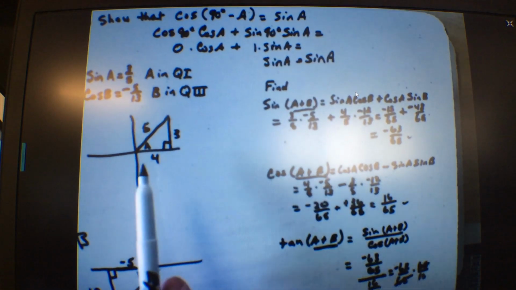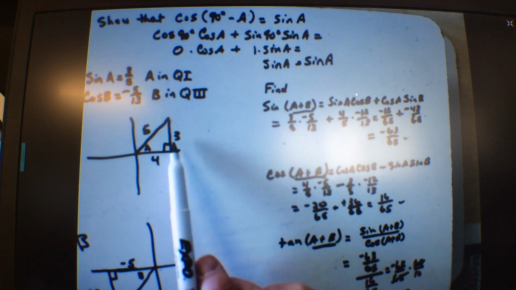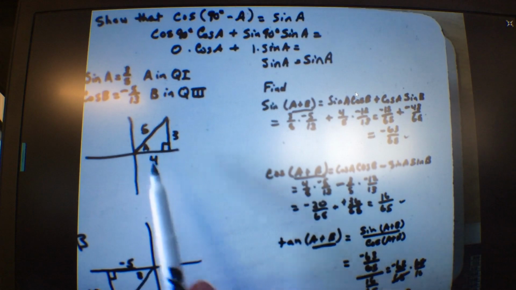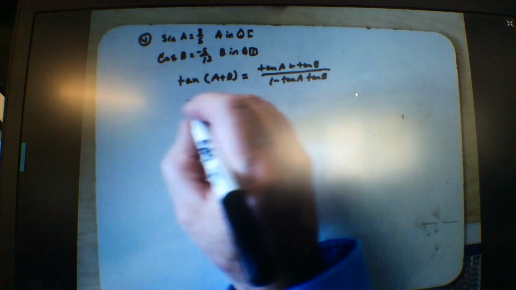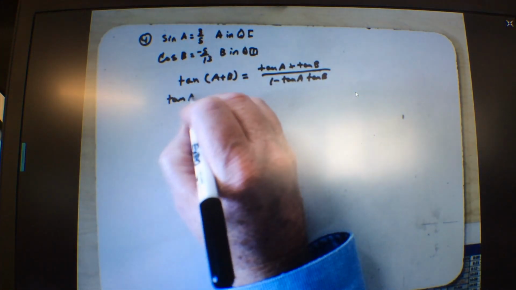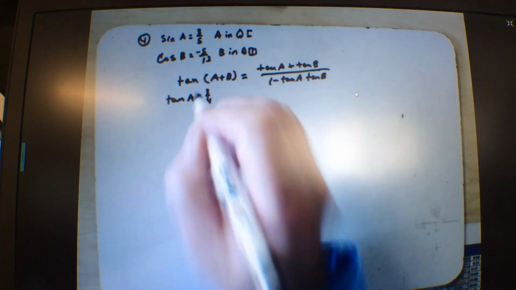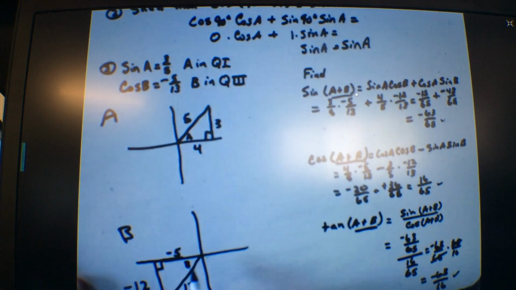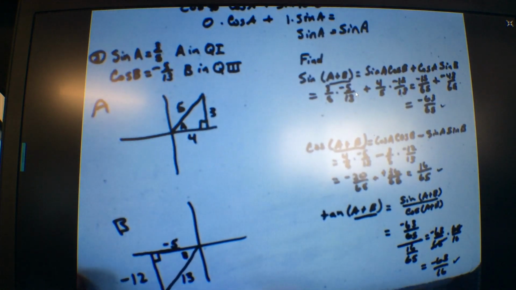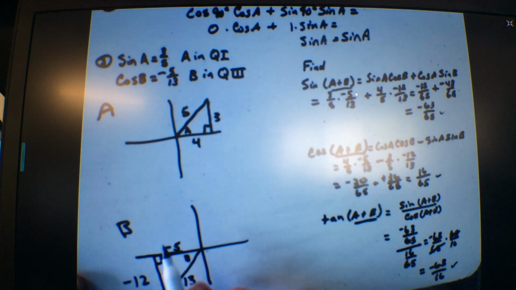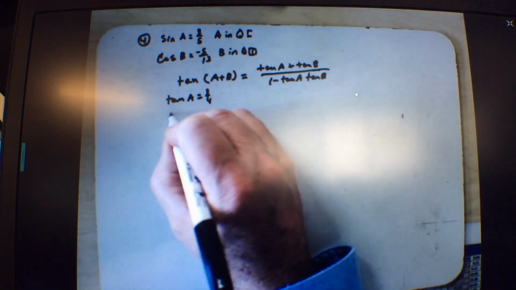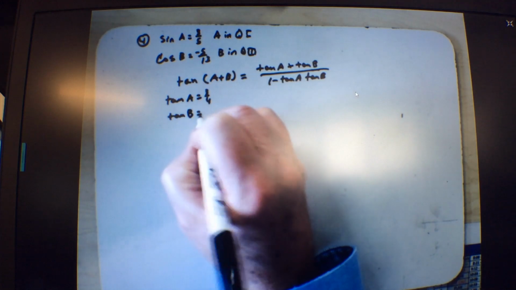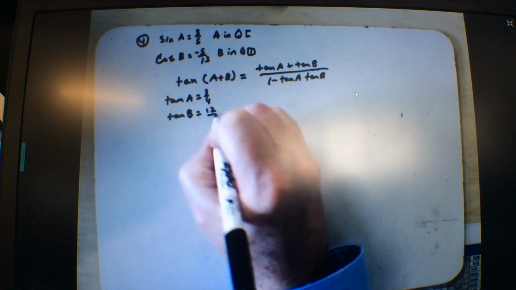I want the tangent of A, so let's take a look at A. The tangent is what? It is 3/4, right? So I'm just going to write that down, the tangent of A is 3/4. And let's look at B, the tangent of B is negative 12 over negative 5, so it'd be positive 12/5.